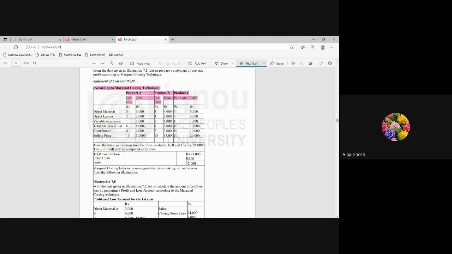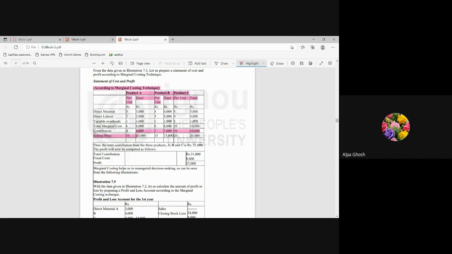How to find contribution? Contribution is sales minus variable cost. Marginal cost, what is it? 6,000. So selling price is 10,000 and your marginal cost is 6,000. So 10,000 minus marginal cost 6,000, the balance is 4,000. This is the balancing figure, okay?